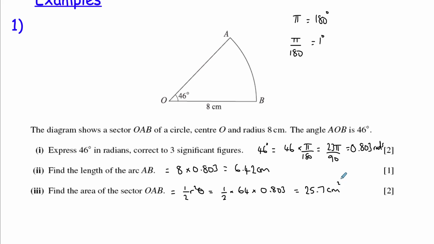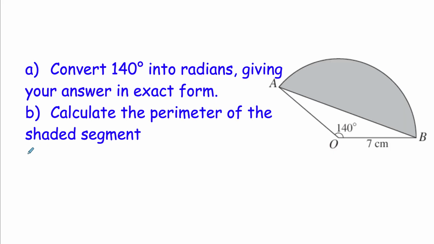So similar to the previous example that we've just done, but with a little bit of extra stuff to do before we got started. That's quite a common setup of an easy, in inverted commas, radians question. Slightly more complicated are questions where they ask for shaded sections, so where they're looking for segments rather than full sectors.